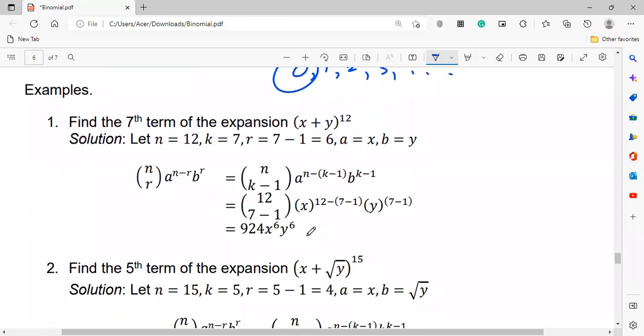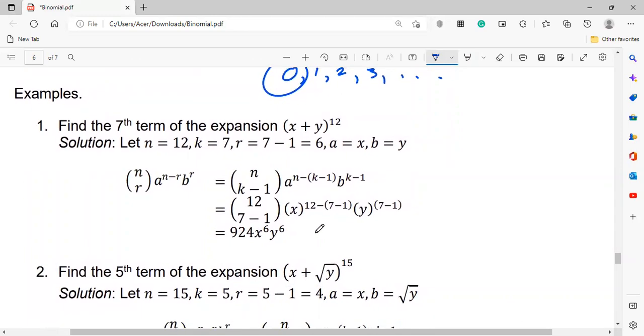Okay? So, just like here in number 1, find the 7th term of the expansion (x plus y) raised to 12. So, sa madaling salita, ang k natin dito ay 6. K natin pala ay 7. So, ang r natin ay 6. Okay? So, we have n taken r times a raised to n minus r times b raised to r, where r is equal to k minus 1, where k is 7, so 7 minus 1.